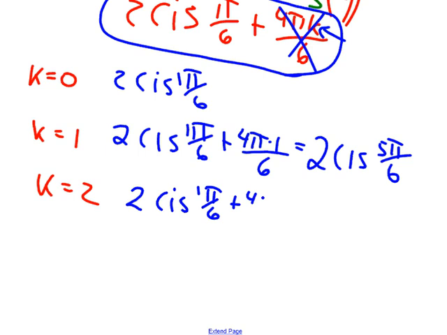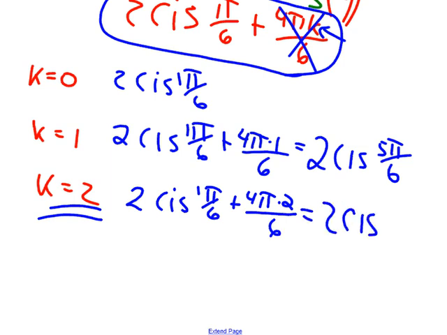Plus 4 pi times, this is k equals 2, so I'm putting a 2 here over 6. And then that's 2 cis 1 pi over 6 plus 8 pi over 6 makes 9 pi over 6, which if I reduce it, 3 goes into both of them, 3 pi over 2.